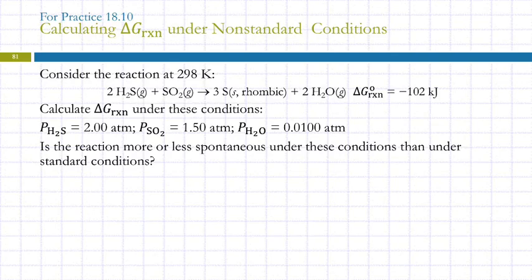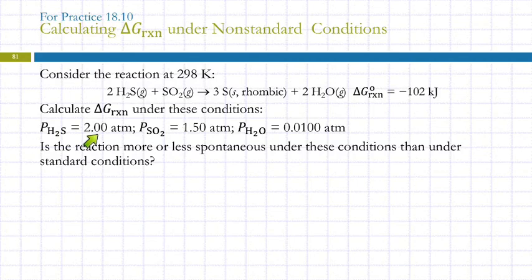Okay, so let's do a real problem here. Consider the reaction at 298 K. We've got H2S reacting with SO2 and forming solid sulfur and water, and we're given the standard delta G. And we're asked to calculate delta G under these conditions.